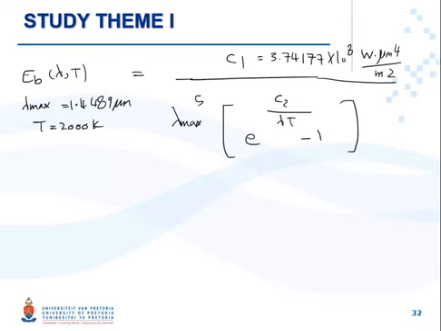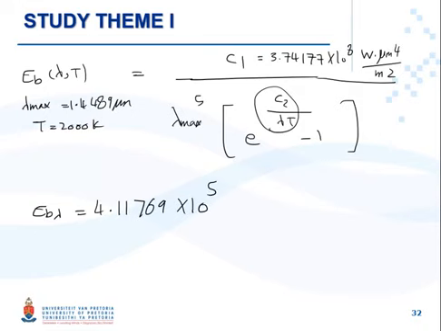I don't want to make it very complicated, but if we calculate this one, we will have the final answer: E_b lambda will be equal to 4.11769 times 10 to the power of 5 watt per square meter micrometer.